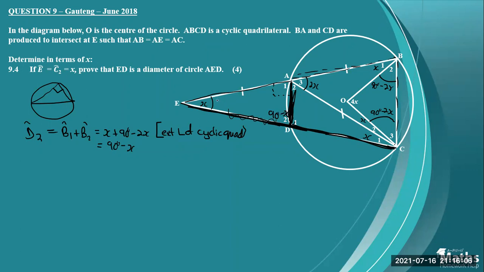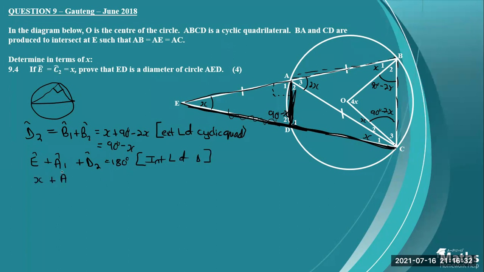Then I'm going to work with my interior angles of a triangle here in this triangle. So I'm going to say angle E plus angle A1 plus angle D2 is equal to 180 degrees. Reason, interior angles of a triangle. Angle E is an x.